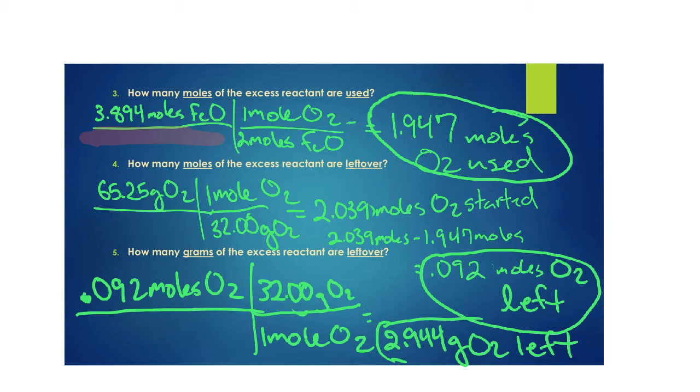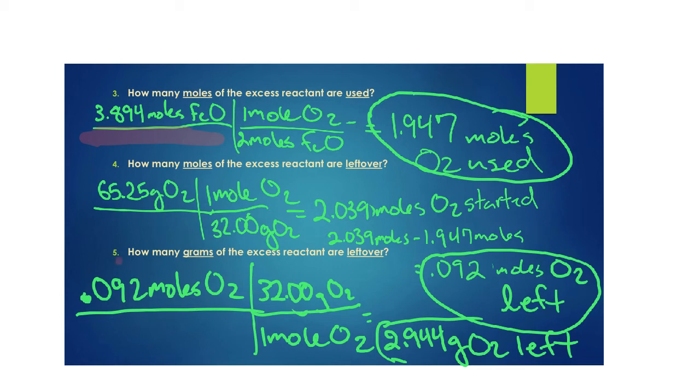And notice how I'm circling the answer, because this is going to get a little bit more complicated and there's going to be a lot more work, and some of us have better handwriting than others, me definitely on the lower side. So you want to circle your answer so it's very clear what your final answer is, keeping in mind the sig figs.